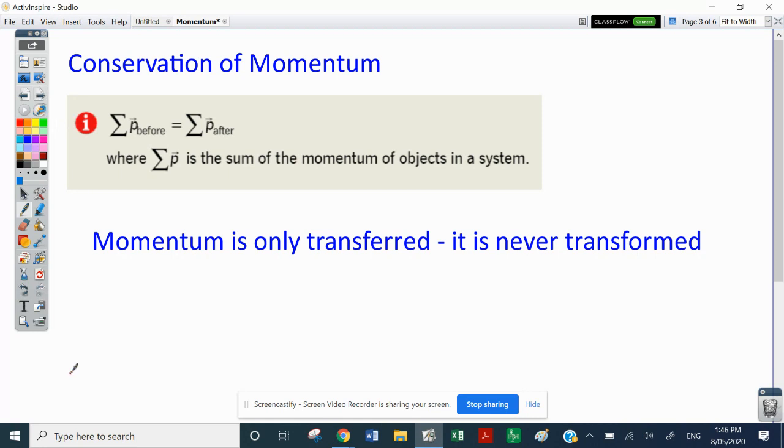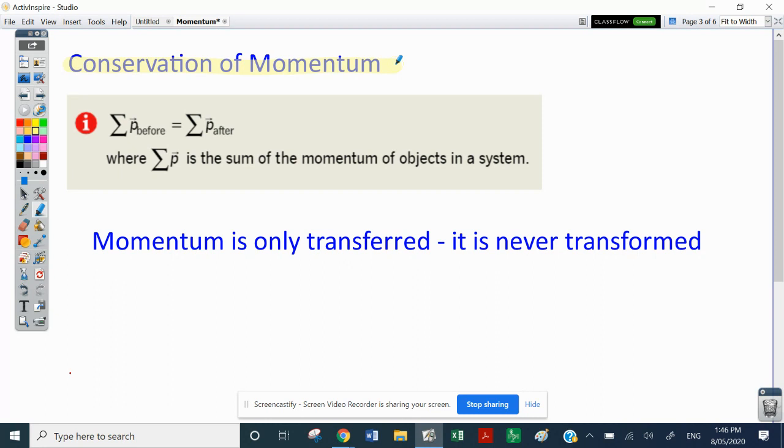Momentum is one of the conserved quantities. We know that there is a conservation of energy in the universe, that energy is never destroyed, it's only ever transferred or transformed. Momentum is very similar. So momentum is conserved. The momentum before an interaction must be equal to the momentum after an interaction.